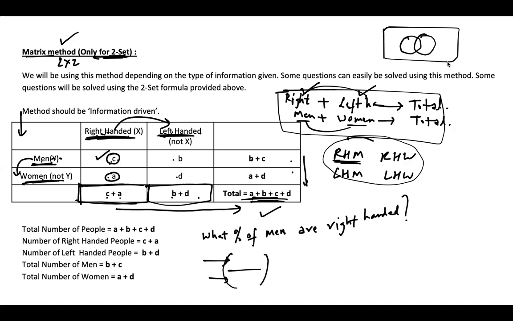You will take C as the numerator, and the denominator will be B plus C. The question is asking what percentage of men? How many men are there? B plus C. Out of these B plus C men, how many are right-handed? C. So C upon B plus C into 100. Okay?